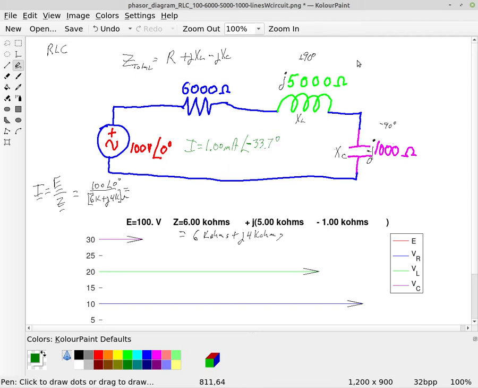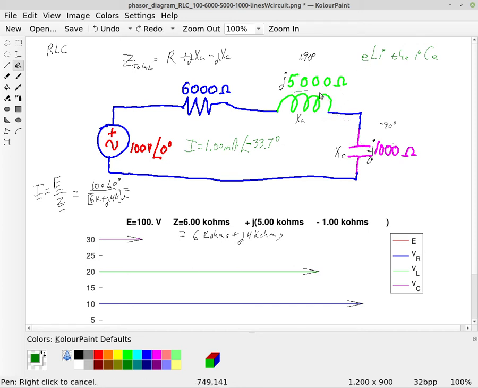Now, remember Eli the Iceman. I've got an inductor and I have a capacitor, but these two are opposing each other. So the largest one is basically going to win. These guys play tug of war, and the largest one's going to win.